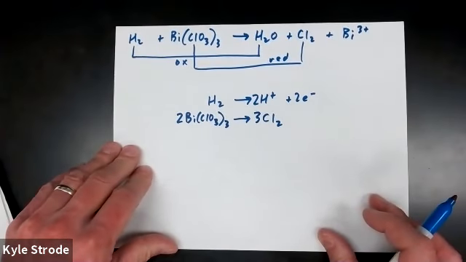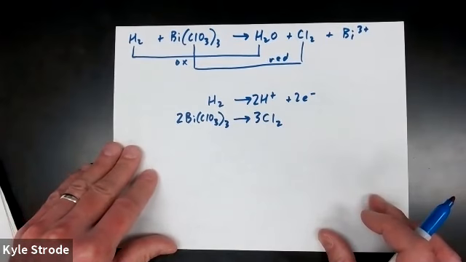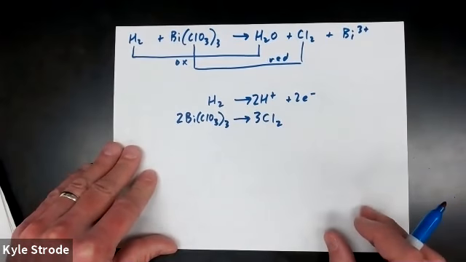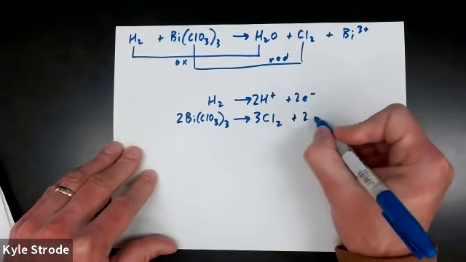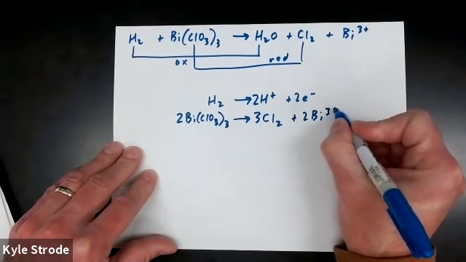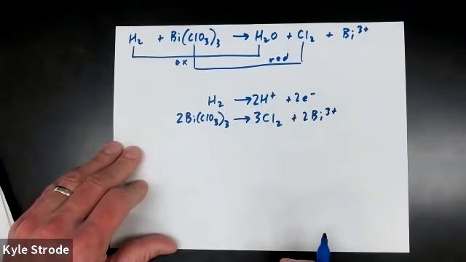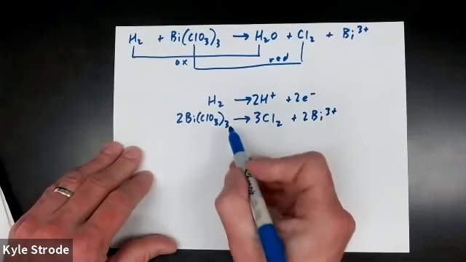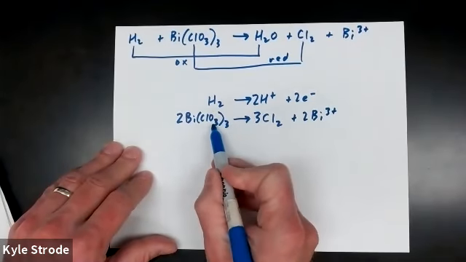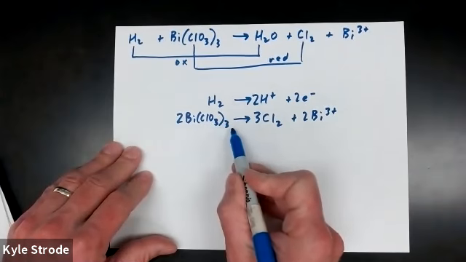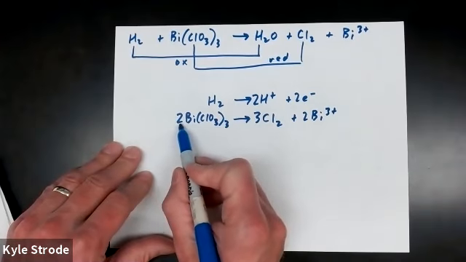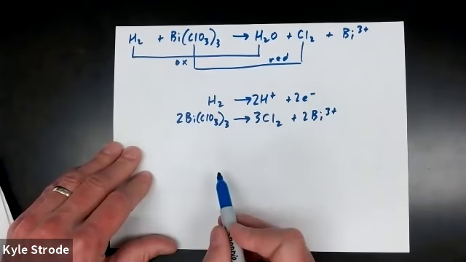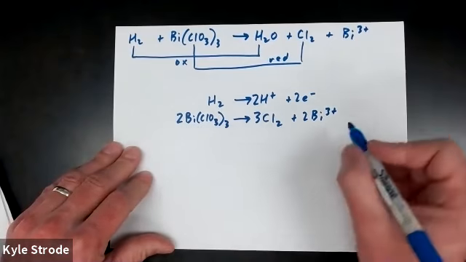Next thing I think about are extraneous atoms that aren't O or H, and I see that bismuth is one of those. So I've got 2 bismuths, and I need to bring down those bismuths from the unbalanced reaction as Bi3+, because that's how they're given to me. Now I can balance my oxygens, and so what I see here is 3 oxygens in a chlorate ion, but I have 3 chlorate ions, so that's 9, but I have 2 bismuth 3 chlorates, so that means I've got a grand total of, looks like 18 O's.